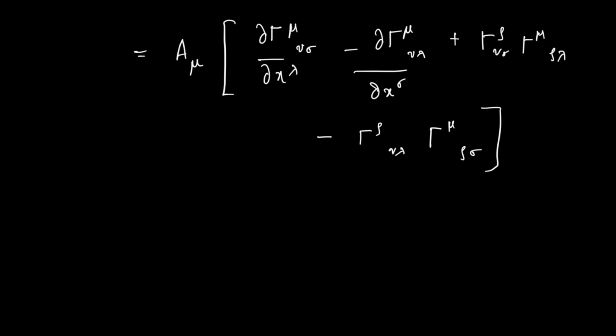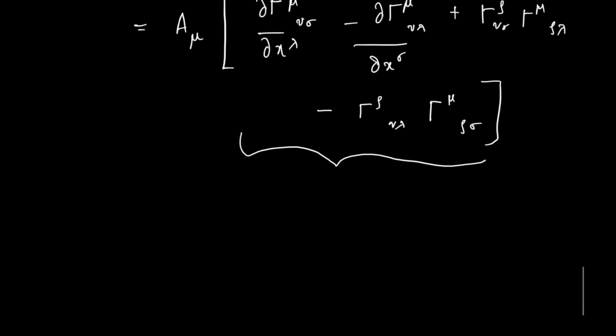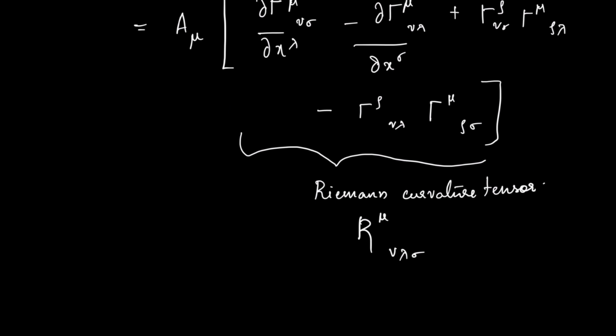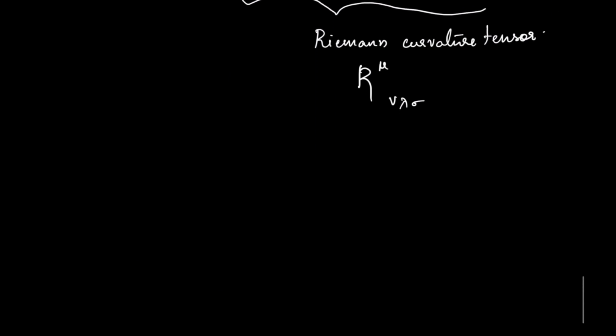So let's define the quantity in this bracket as the Riemann curvature tensor, R mu nu lambda sigma. So this entire quantity will be equal to A mu R mu nu lambda sigma.